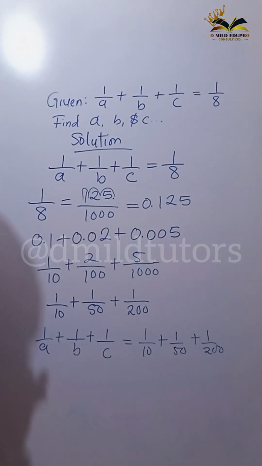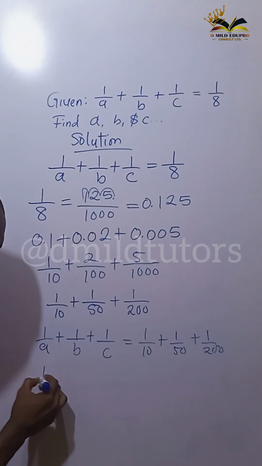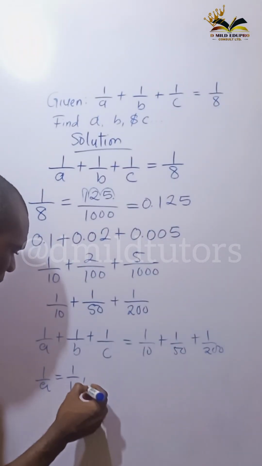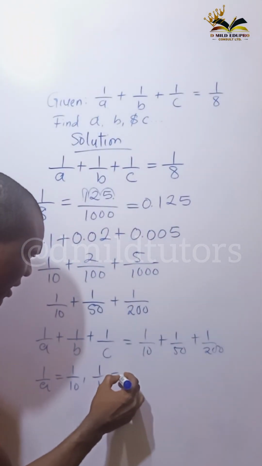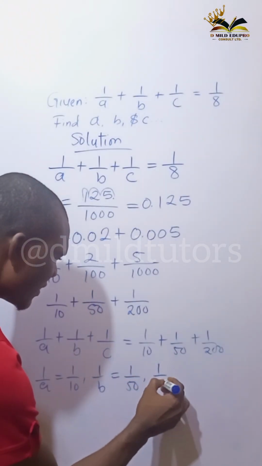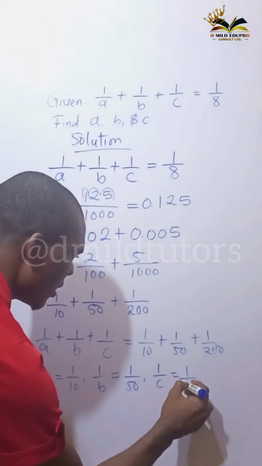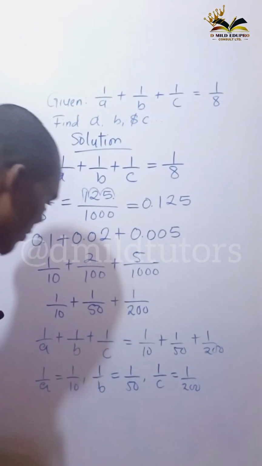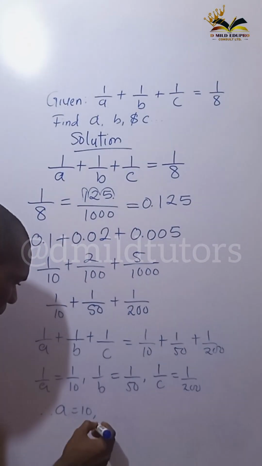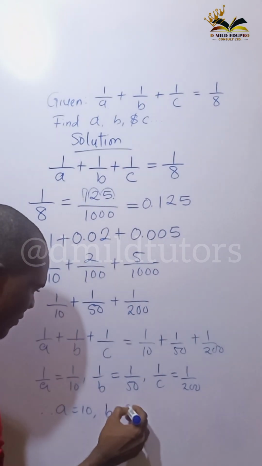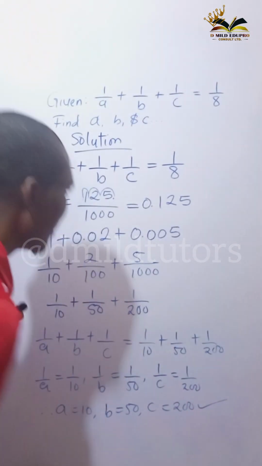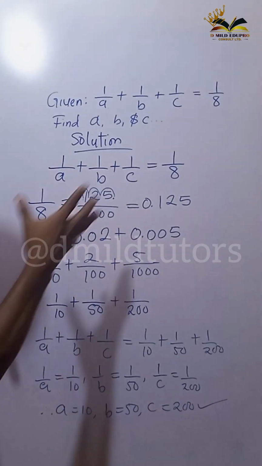Now you have to compare them. So 1 over A is equal to 1 over 10, 1 over B is equal to 1 over 50, 1 over C is equal to 1 over 200. Now, what is A? Therefore, A is equal to 10, B is equal to 50, and C is equal to 200. So this is the solution to this problem.